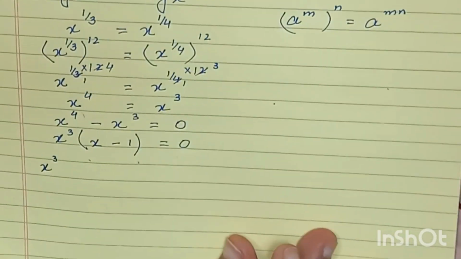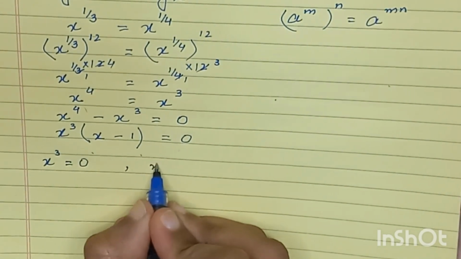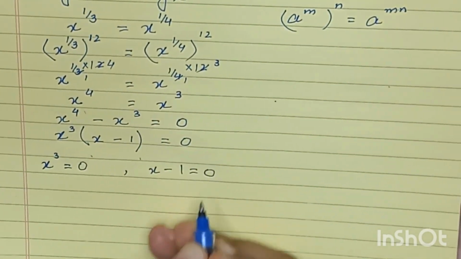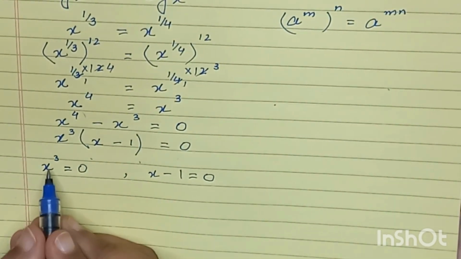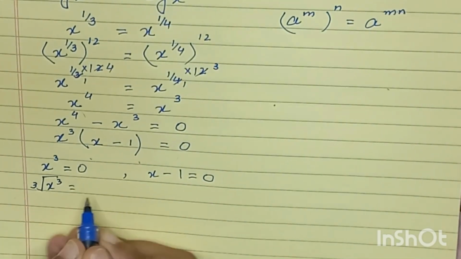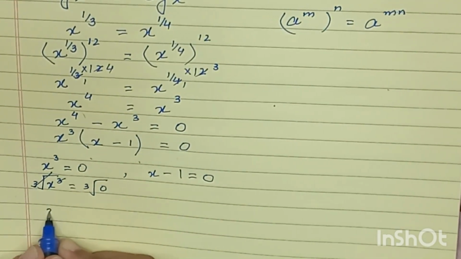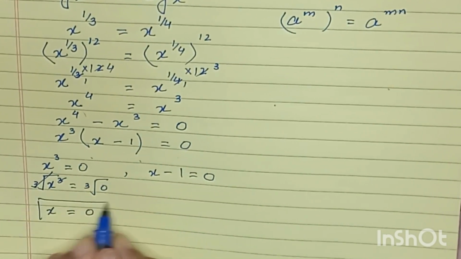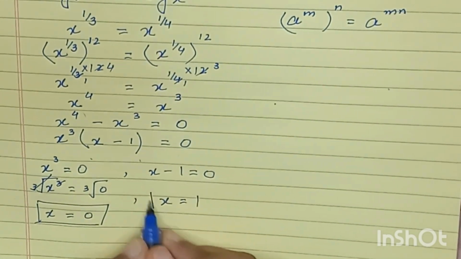So from here we will take the cube root on both sides. Cube and cube root will be cancelled out and the value of x is 0 from here. And from the other case we will get the value of x which is equal to 1.